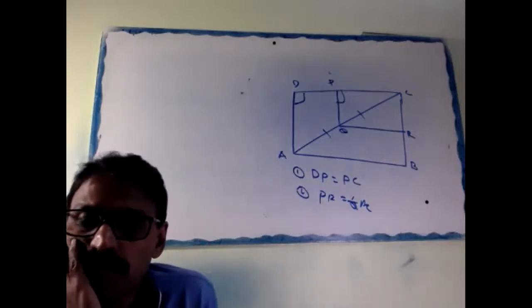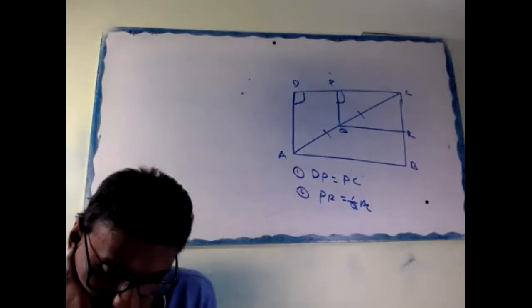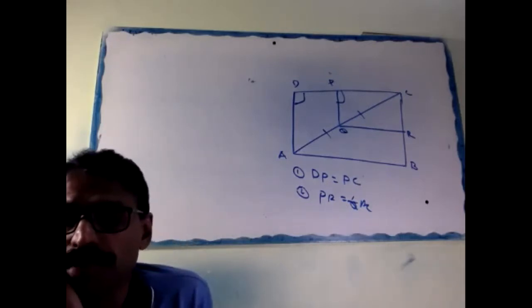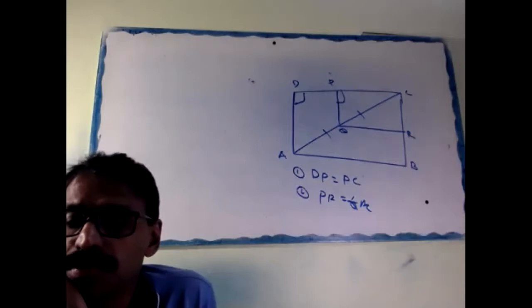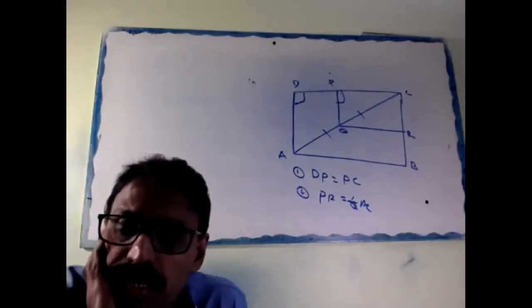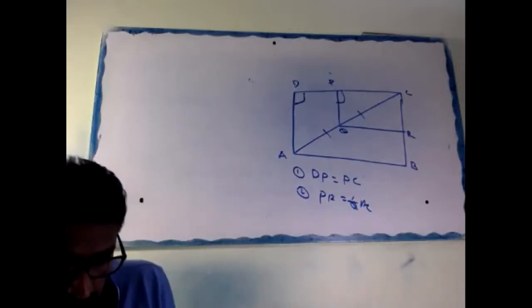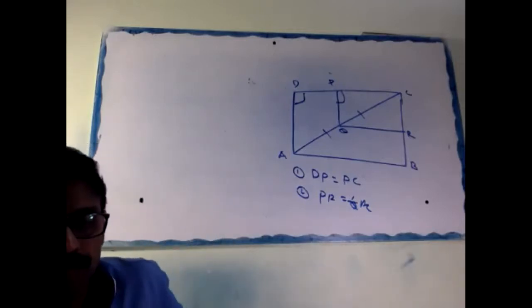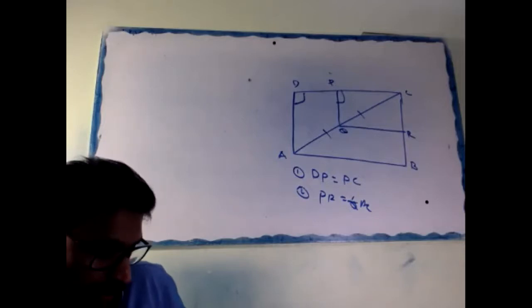Okay. Anyway, listen here. Next, ABCD is a parallelogram, right? Okay, no problem.